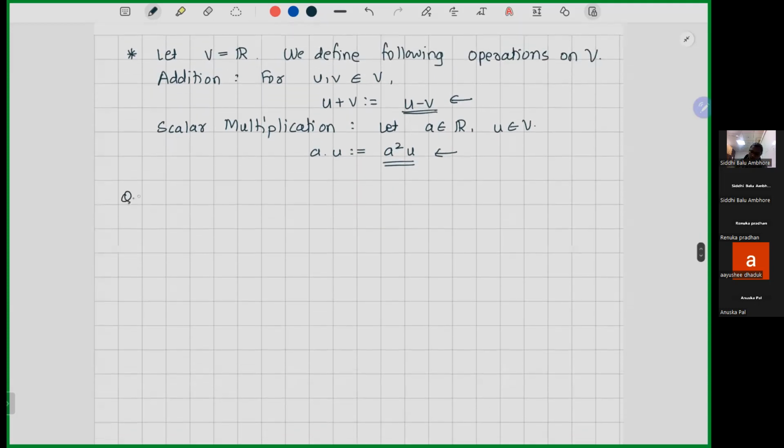So our first question is: is this V under the addition defined above closed or not?